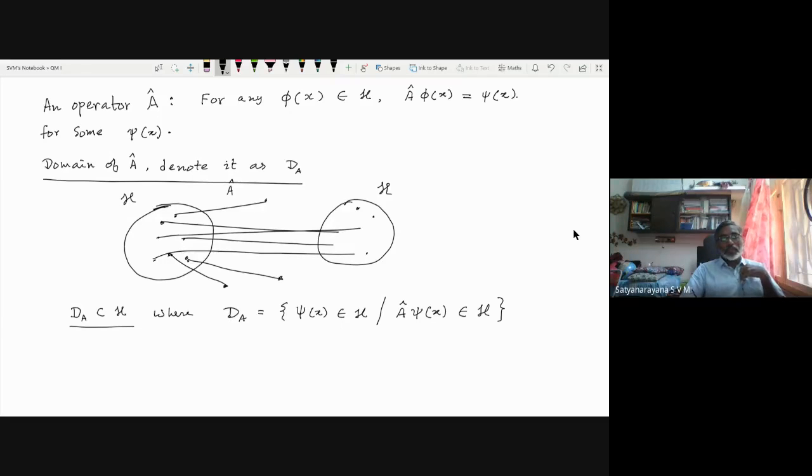That means A is not going to take any of these elements to these elements. Correct?